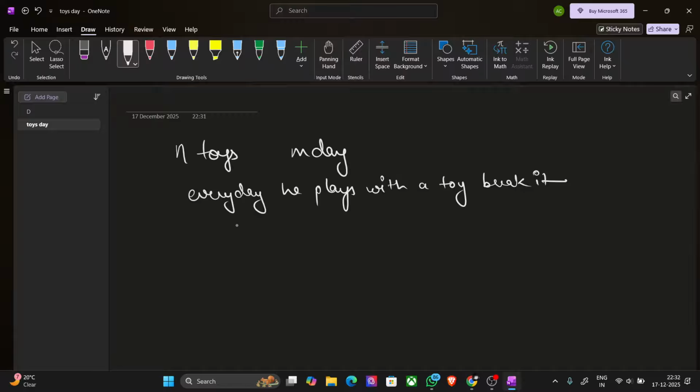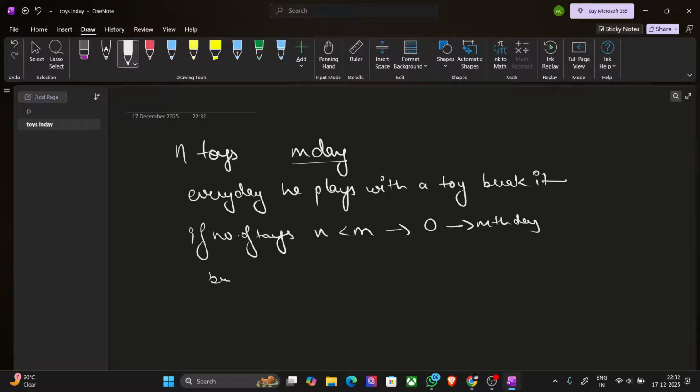So after m days, we are asking how many toys are left with Jeff. So it is very clear that if he has m days and the number of toys, that is n, is less than m, then he will eventually have zero toys after the mth day.